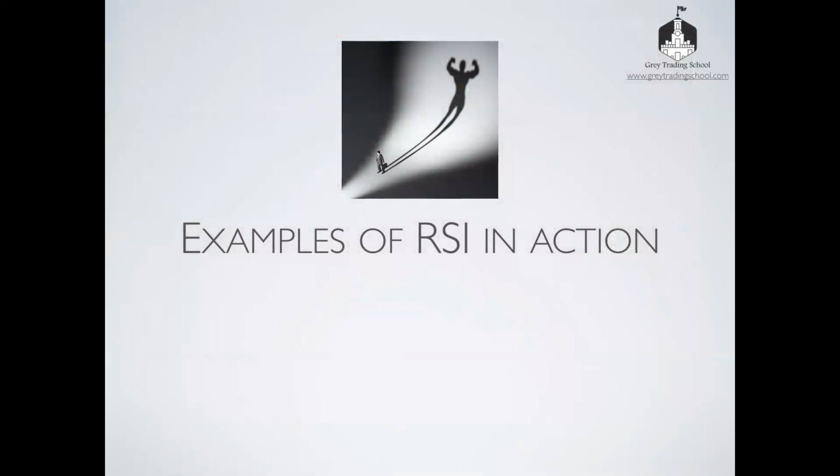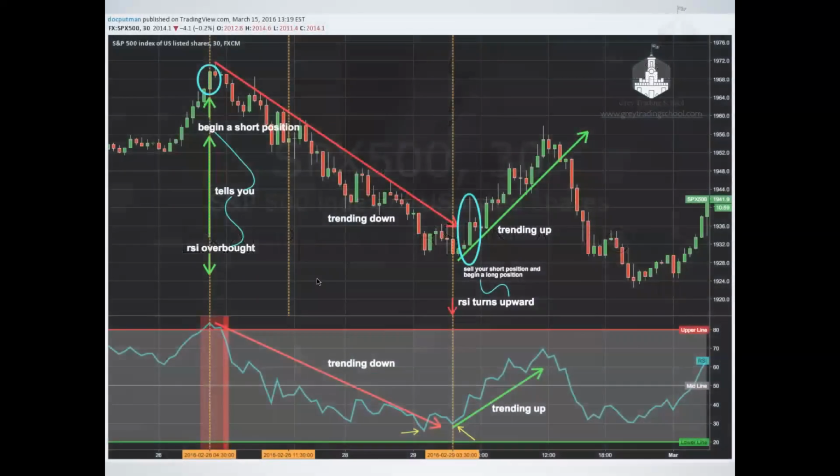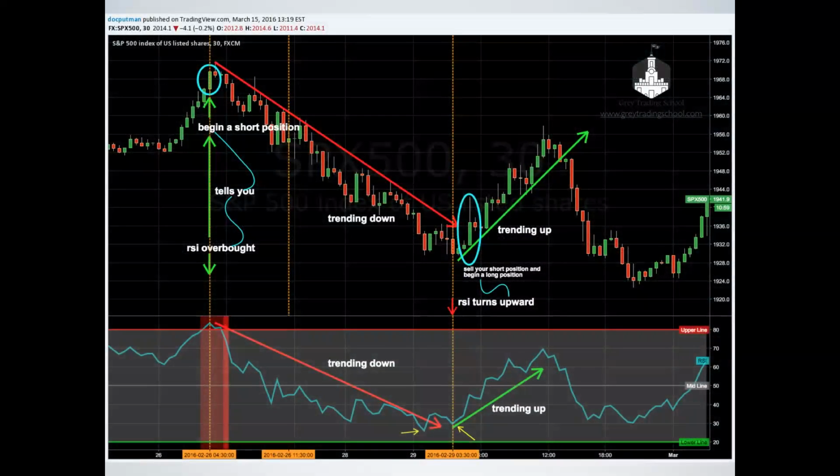Let's take a look at an example of RSI in action. If you look here on this chart of the S&P, you'll note that RSI gets overbought around 04:30 on February 26, 2016, and begins to trend down.